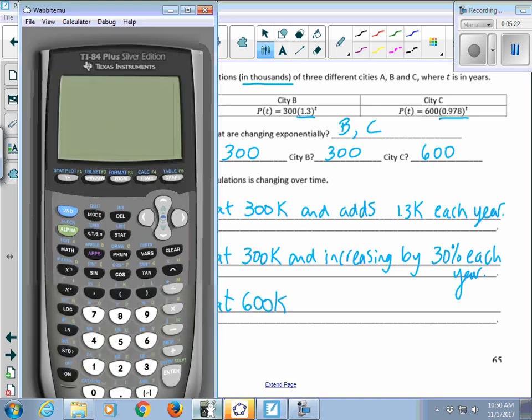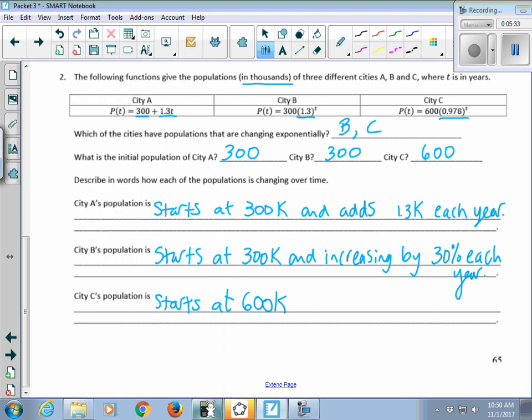So if I'm keeping 97.8% of the population, that means that it's decreasing by 2.2%. So we're starting at 600,000 and decreasing by 2.2% each year.